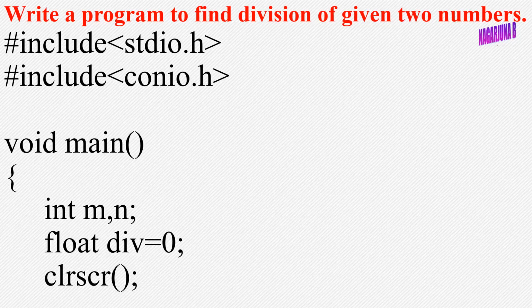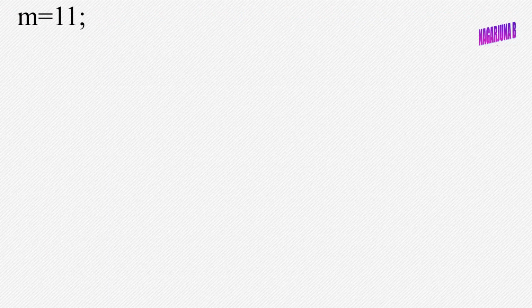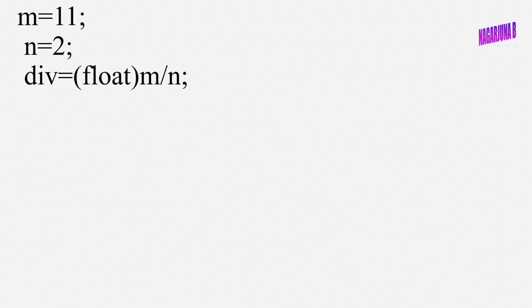Then clrscr(); Then I initialize the values m = 11; n = 2; Then I calculate the division as div = (float) m / n; Here I am converting m, which is of type int, to float, because if I just write m divided by n, 11 by 2 will be 5.5, but it will be stored as 5.000000, that is 5 followed by six zeros. But I want the exact result.